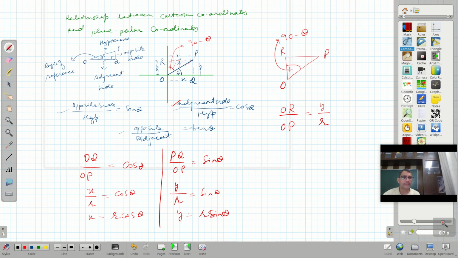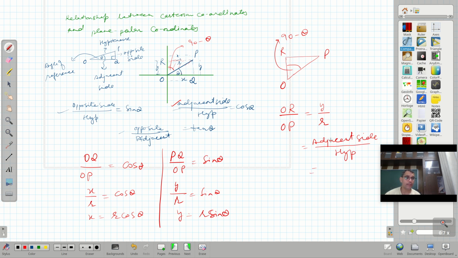But for this particular triangle, this is our angle of reference. For this angle of reference, this side is basically the adjacent side, meaning we can do things in any way.